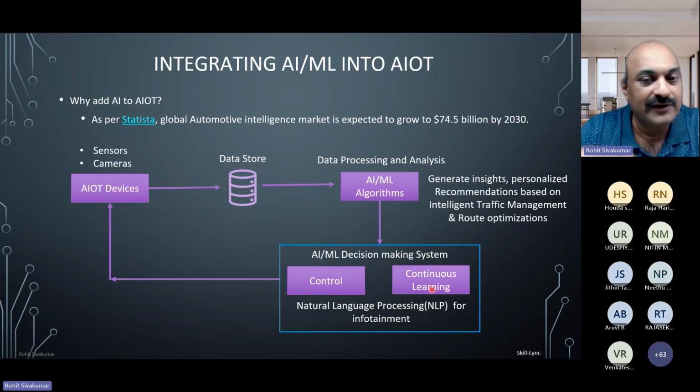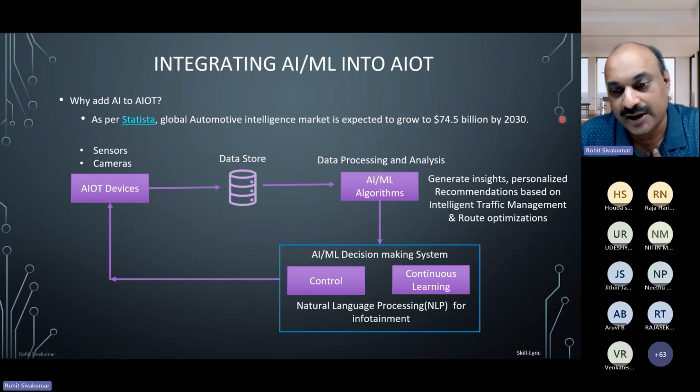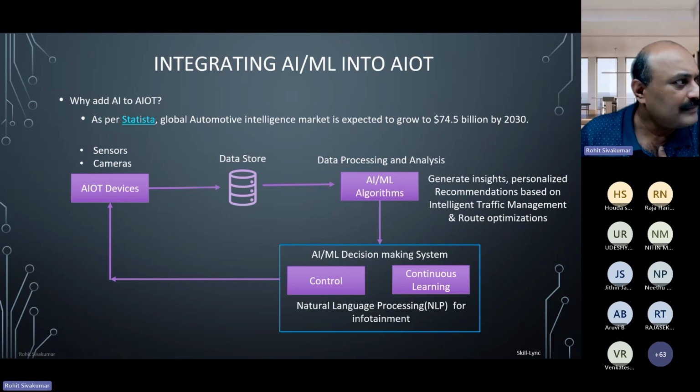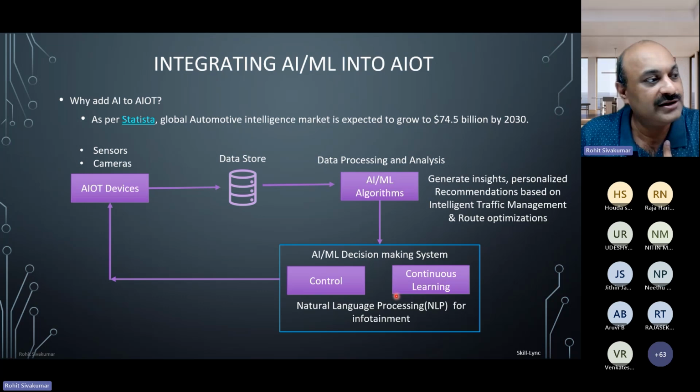So intelligently the traffic management happens. Those are capabilities which get built in with the AI and ML algorithms, and those are fed back in. So this basic block diagram is all about how data is continuously churned between the vehicle, infrastructure and the processing system to build something which gives a lot of user intelligence.